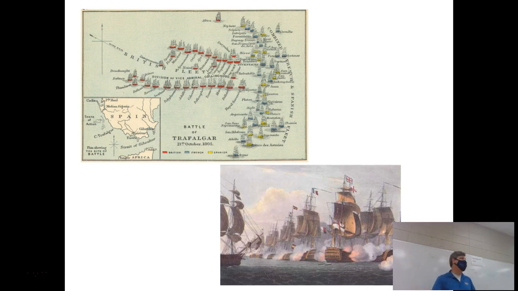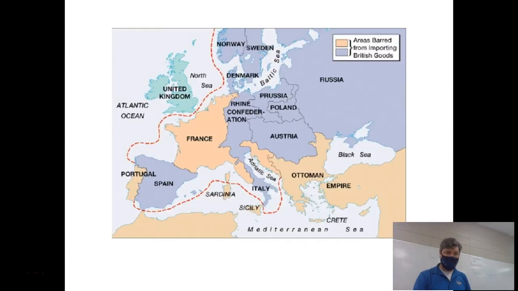And to this day, Horatio Nelson is considered the great hero to the British people. He was killed at the very end of the battle. And the park right in front of Buckingham Palace is called Trafalgar Square. And this is often considered to be the battle that saved the British Empire because the French Navy was now defeated, so Britain could continue to operate on the high seas.